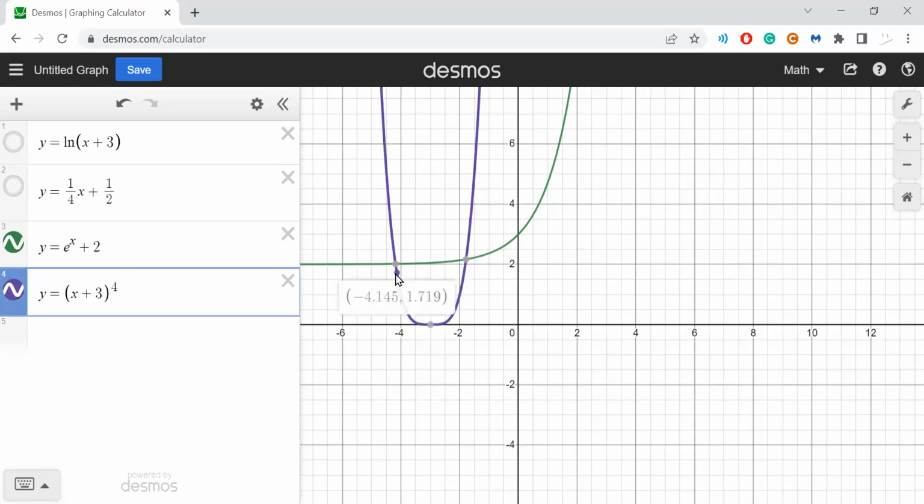Then if you find a point of intersection between them, that's not right. Hold on a second. Let me think. That's not right. The solution is different. Sorry, let me double check again the first two graphs.